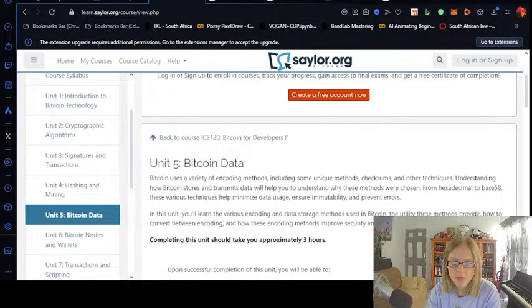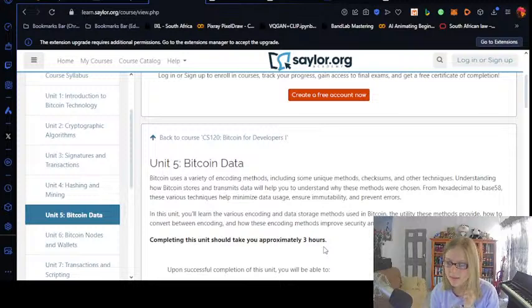If we look at this introduction on the Saylor.org website, Unit 5, Bitcoin data, it says that Bitcoin uses a variety of encoding methods, including some unique methods, checksums, and other techniques. Understanding how Bitcoin stores and transmits data will help you to understand why these methods were chosen.